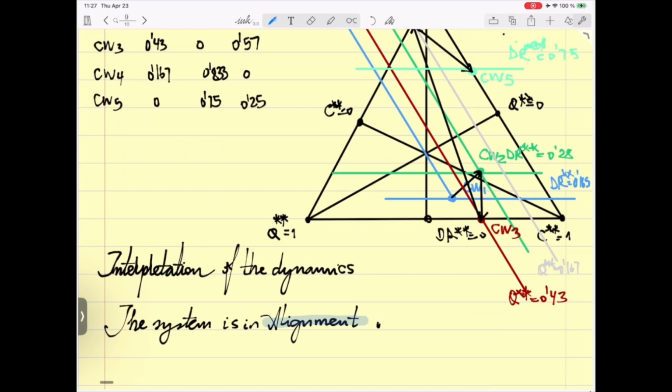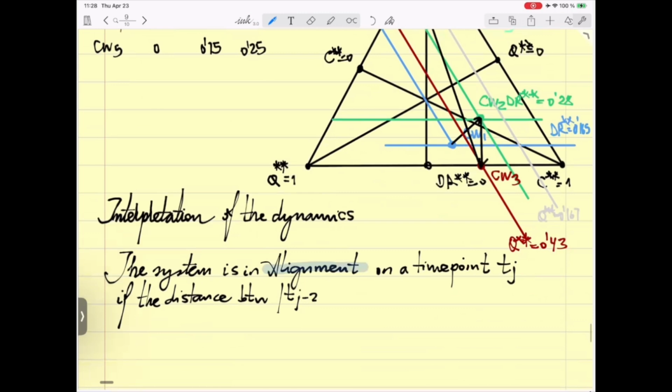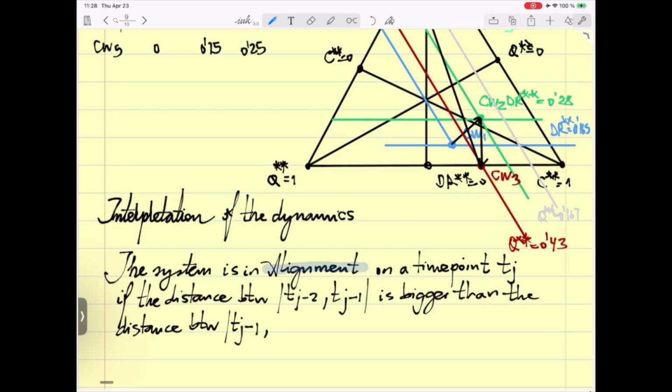On a time point t sub j, if the distance between t sub j minus 2 and t sub j minus 1 is bigger than the distance between t sub j minus 1 and t sub j.